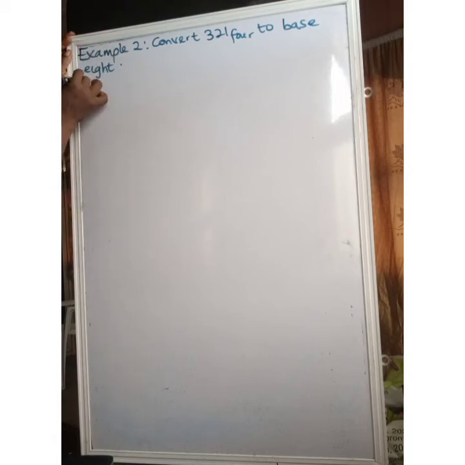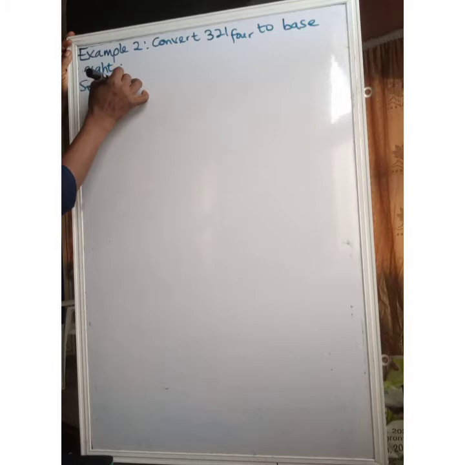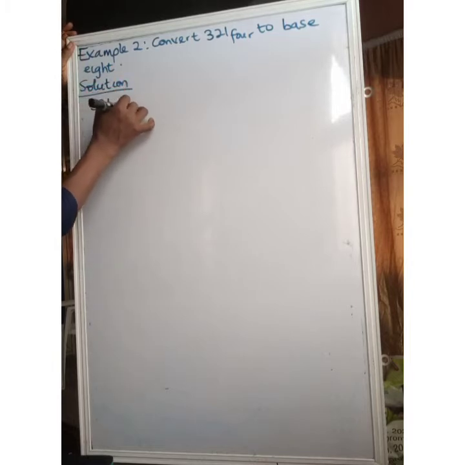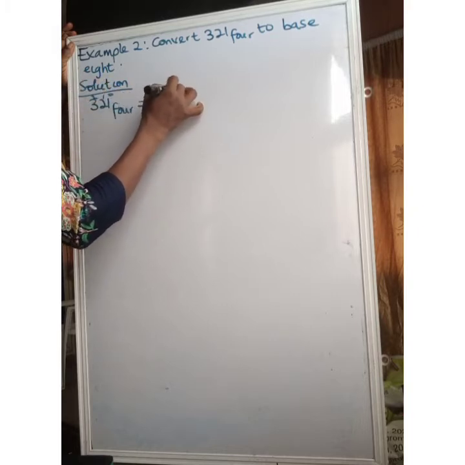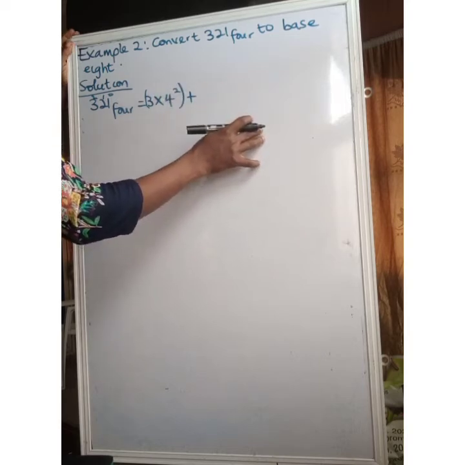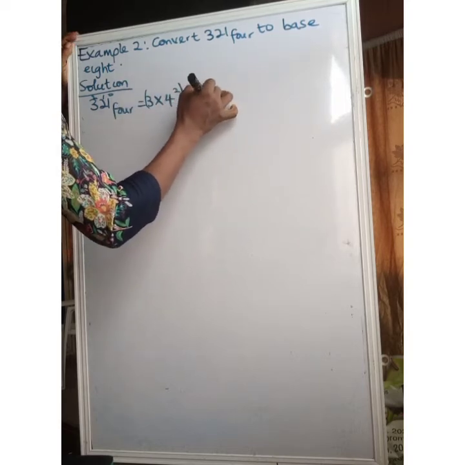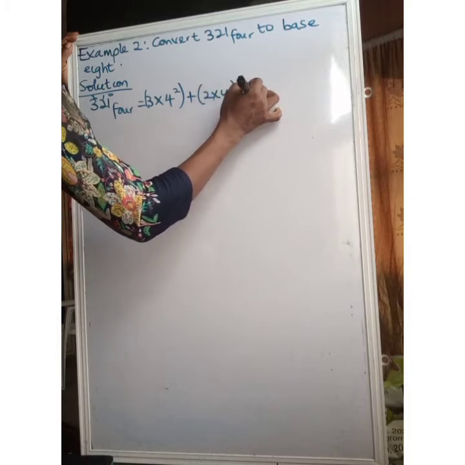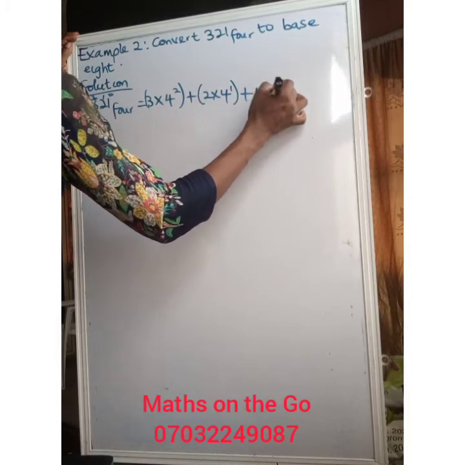Base 8. Remember, I said you will first convert to base 10, and that's very simple. 0, 1, 2. So that will be 3 times 4 raised to power 2. You are expanding with respect to the base and the powers. Then 2 times 4 raised to power 1 plus 1 times 4 raised to power 0.